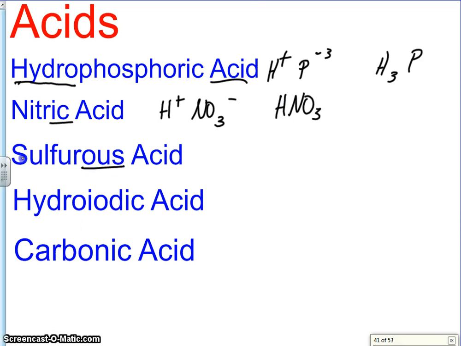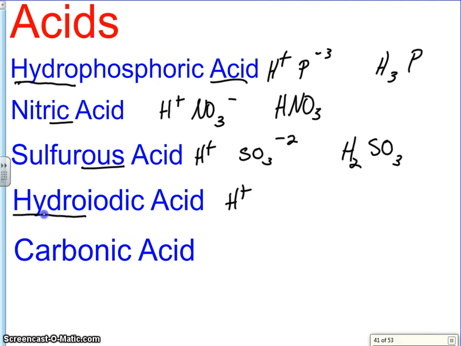Sulfurous, again, notice the lack of hydro, tells us polyatomic ion, SO3 -2. Sulfite, not sulfate, because it's us. Hydrogen out in front because it's an acid. H2SO3 is our compound. Notice the hydro, tells us periodic table. Hydrogen out in front because it's an acid.